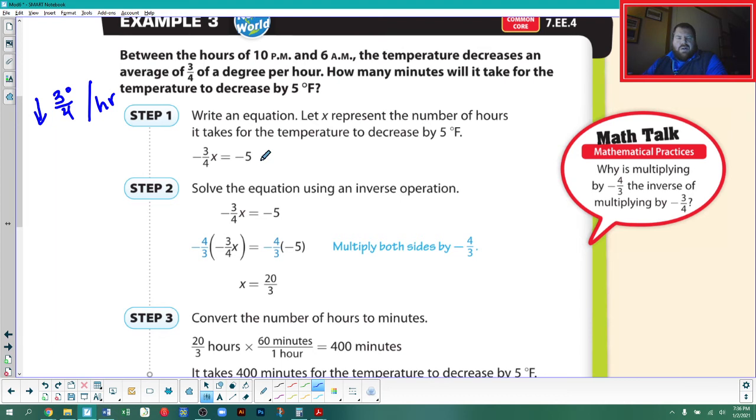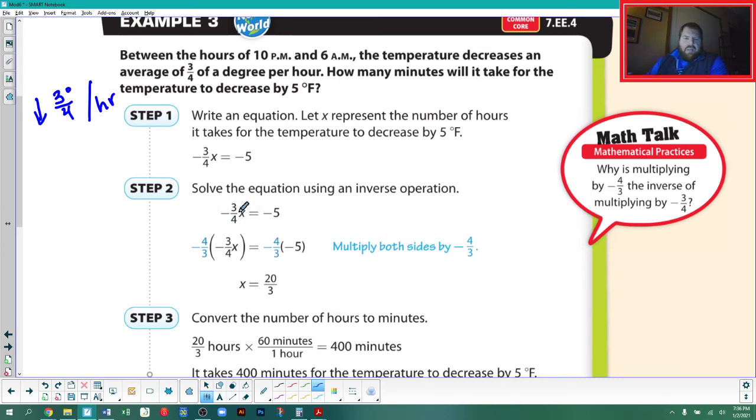So it's kind of a two-part problem. First thing we do is we solve for x by doing the opposite. Now there's some hidden things in here. When I want to undo multiplying by a fraction, that's actually dividing by a fraction, which we don't do. We keep, change, and flip to divide by fractions.